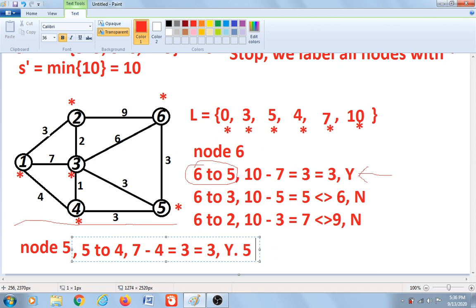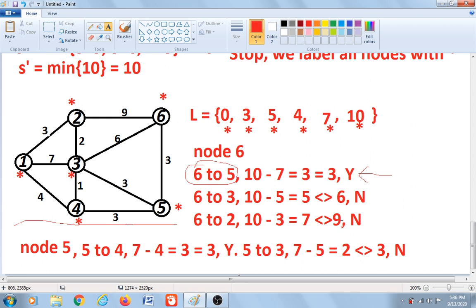And from 5 to 3: 7 minus 3 is 4... it is 2. What is the actual distance from 5 to 3? It is 3, so it is not the same, and it is a no. So from 6 to 5, and then from 5 to 4.